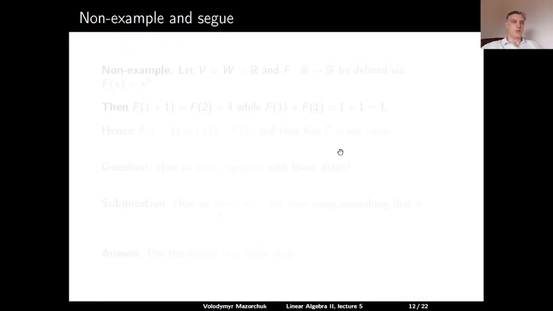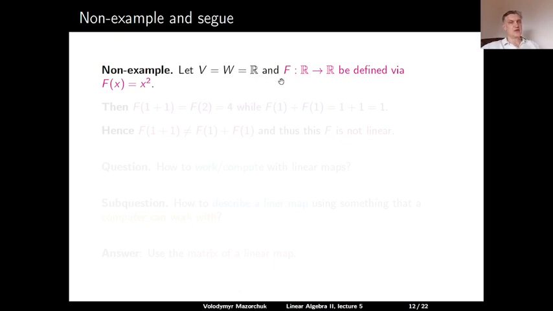So here is one non-example, a map which is not linear. Let V and W be just the one-dimensional vector space of real numbers, and consider the map F from R to R, which is defined in the following way: f of x is equal to x squared.